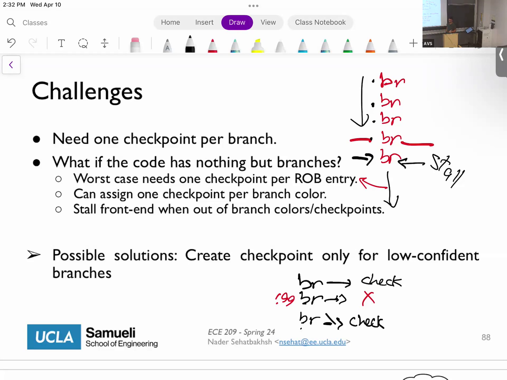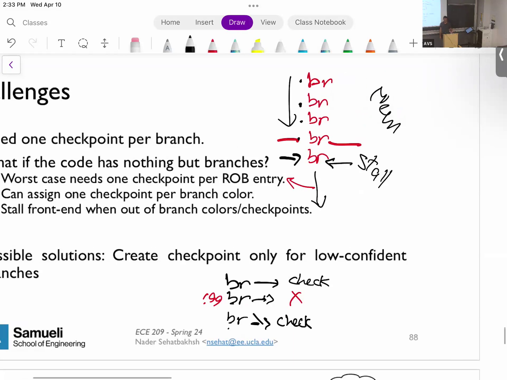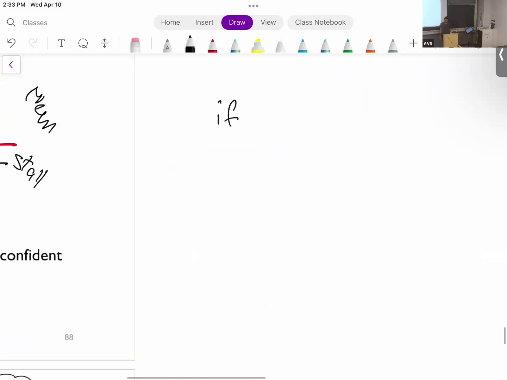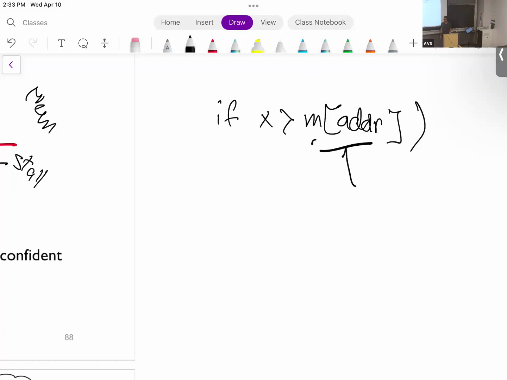For example, if your branch is based on the value of some memory, something like if X is bigger than M address, and this M address is not in your cache, it's actually in your DRAM, so you have to wait for this value to come back from the main memory. So you wait for the operands to come. If the operands are in the registers, sure, then it's a few cycles. If the operand is in the memory, then you have to wait, right?